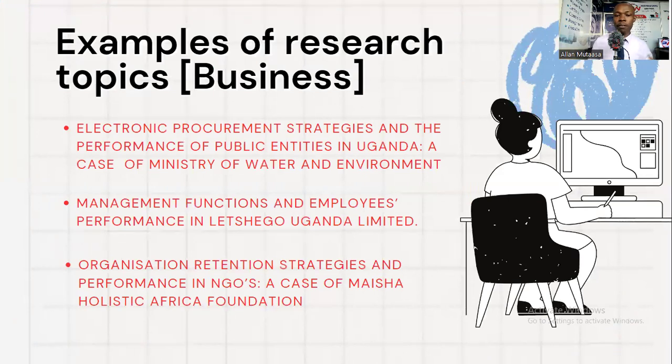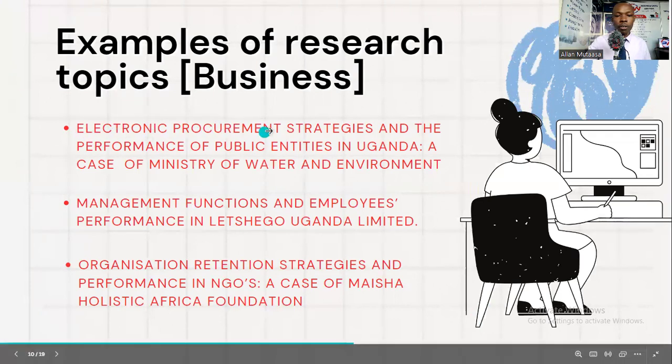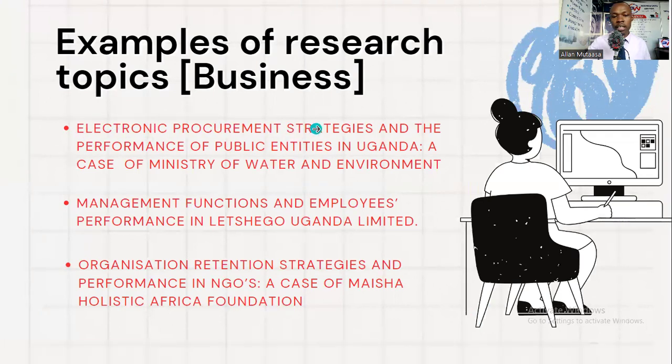Let's take a review at some of the research topics. I just picked this from one of those that we are working on here at Professional Writers. So in business, you can see that, for instance, electronic procurement strategies and the performance of public entities in Uganda. So you can see that electronic procurement strategies are the independent variable, and then the performance of public entities is the dependent variable.